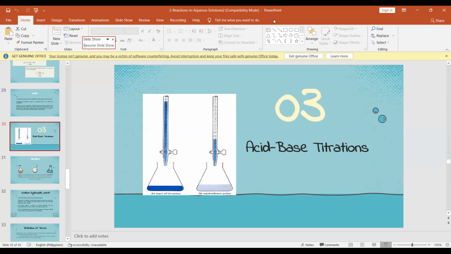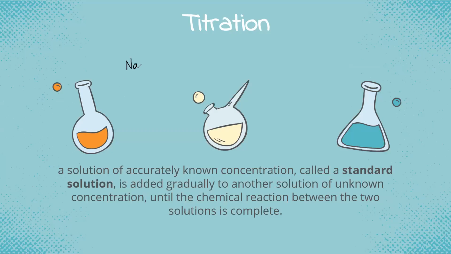Let me write on the screen. For example, you have this chemical formula, NaOH plus hydrochloric acid yielding sodium chloride, syempre, and water. When we do titration of these two substances here, most likely, pwedeng alam natin kahit isa lang sa kanila yung concentration. So example, si NaOH yung known concentration.